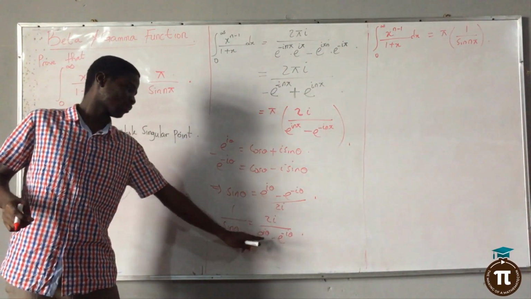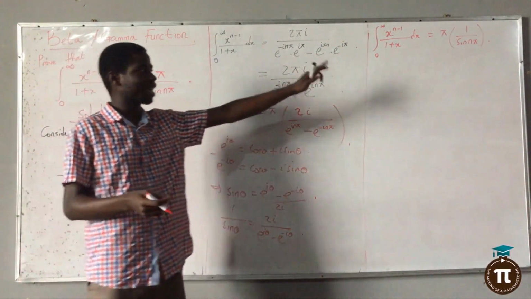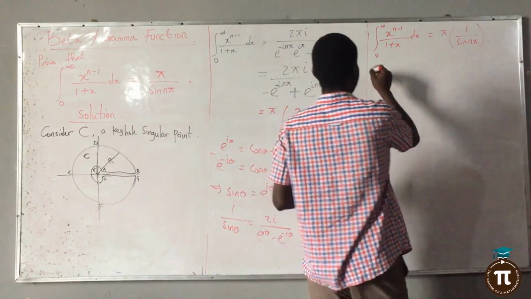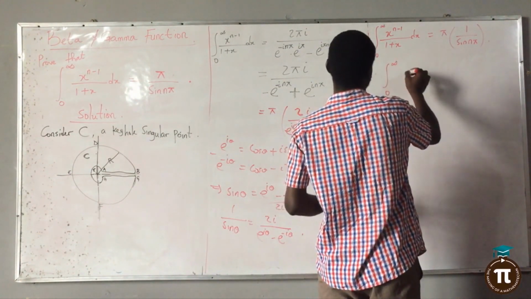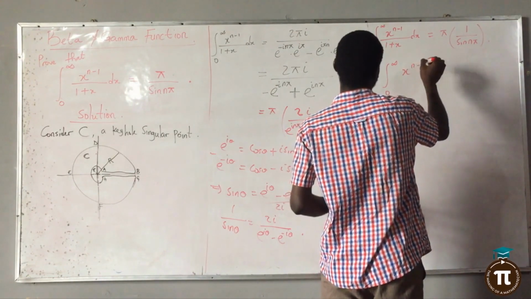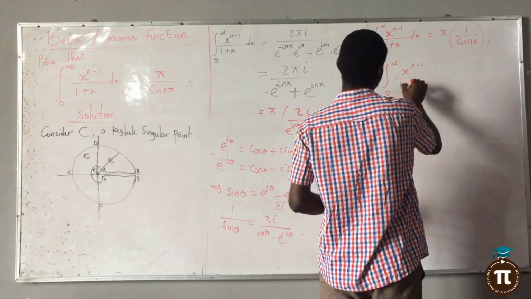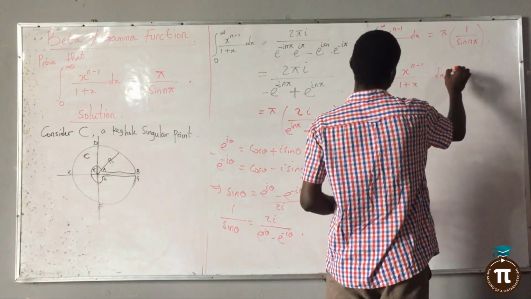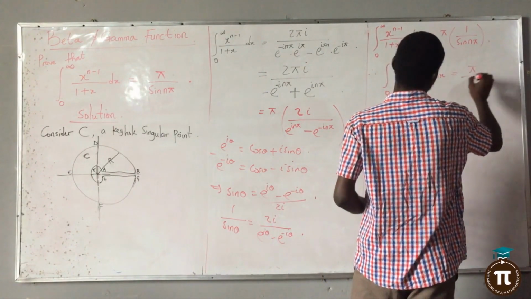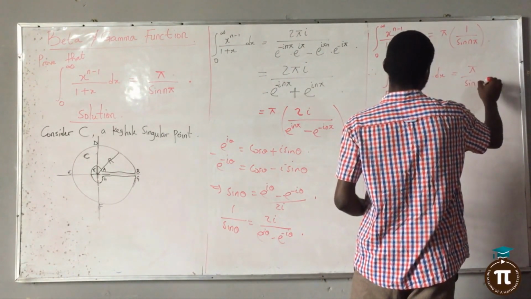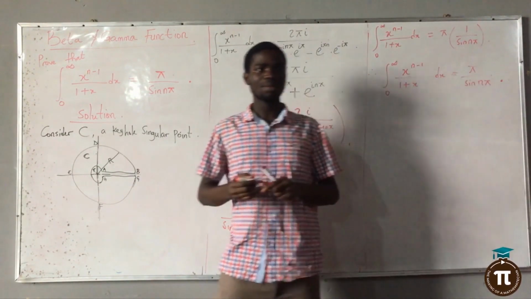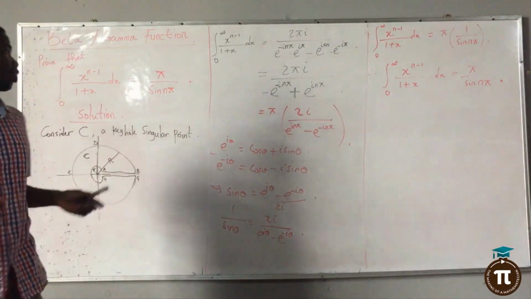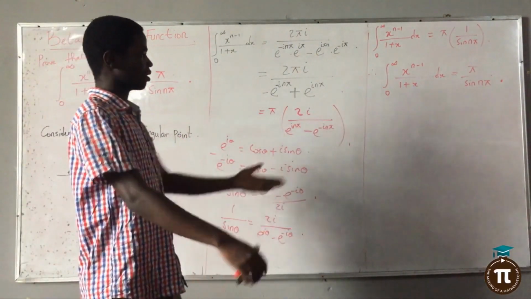Whenever this is i theta, when theta is n pi, you have sine n pi. So at the end of the day, the integral from 0 to infinity of s raised to the power of n minus 1 over 1 plus x ds is equal to pi over sine n pi. And that's all. So that is how we obtain this answer.